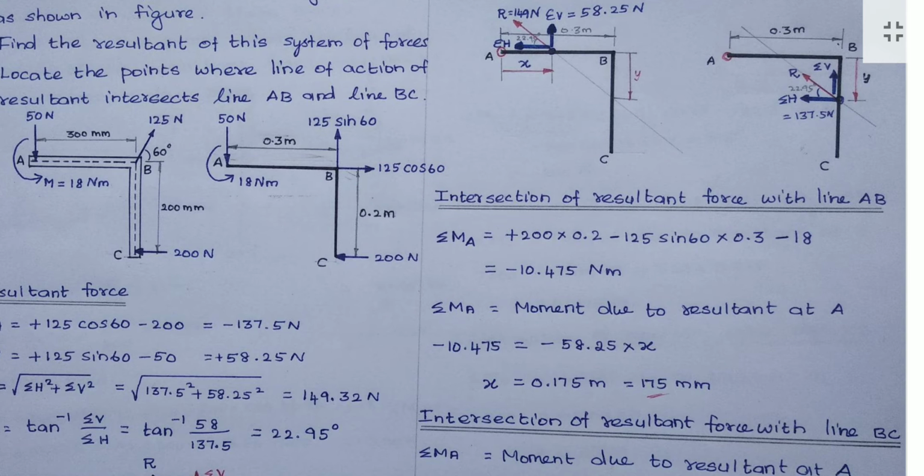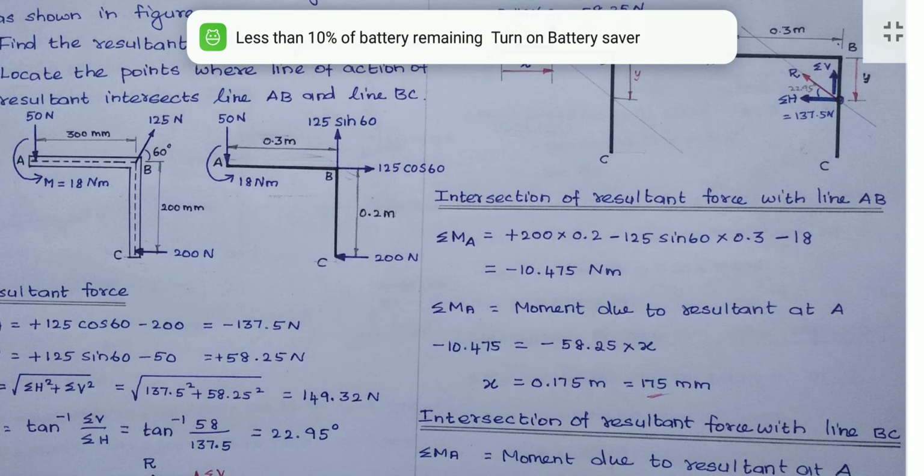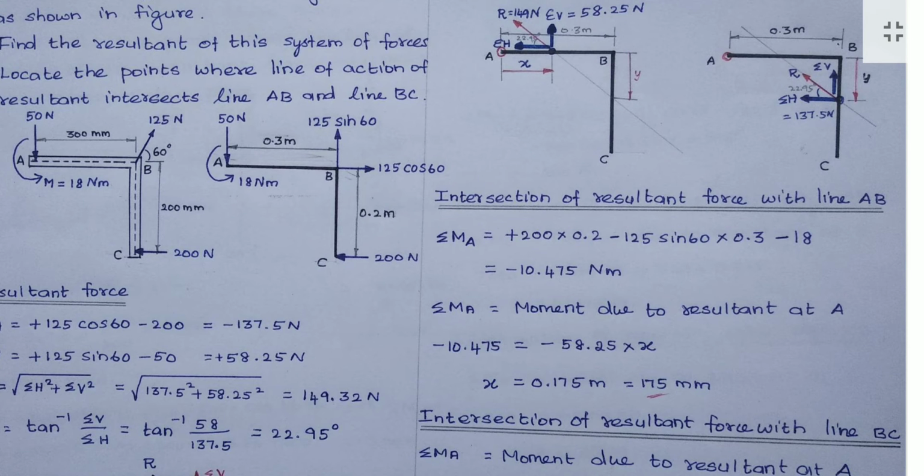This 125 cos 60 is a horizontal force, but this force will not create moment at all. Why? Because the line of action of this force is passing through the hinge point, our moment calculating point, so there is no distance at all. The moment is 0.